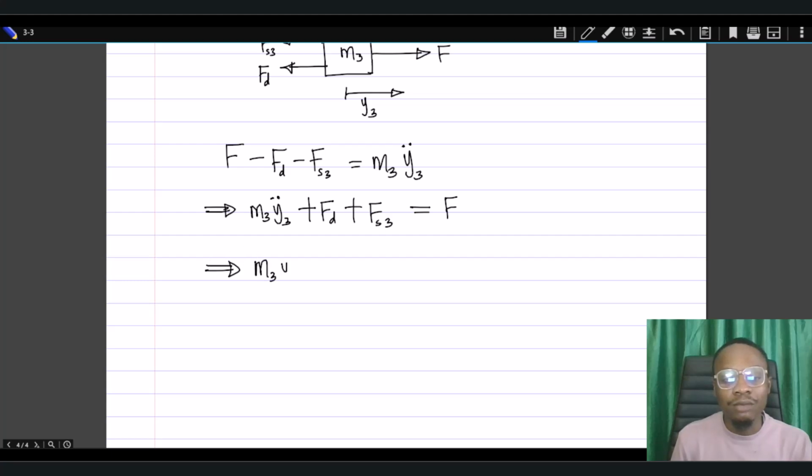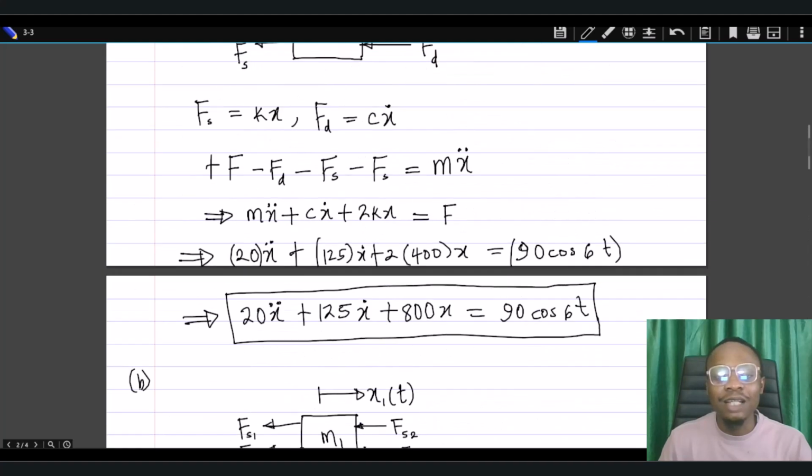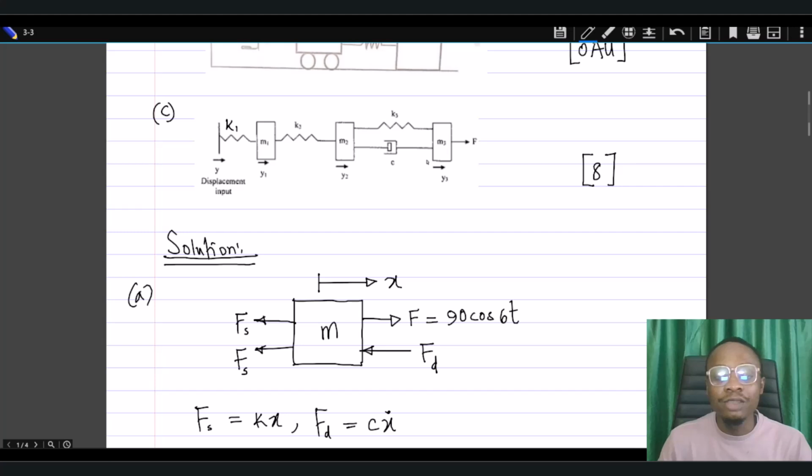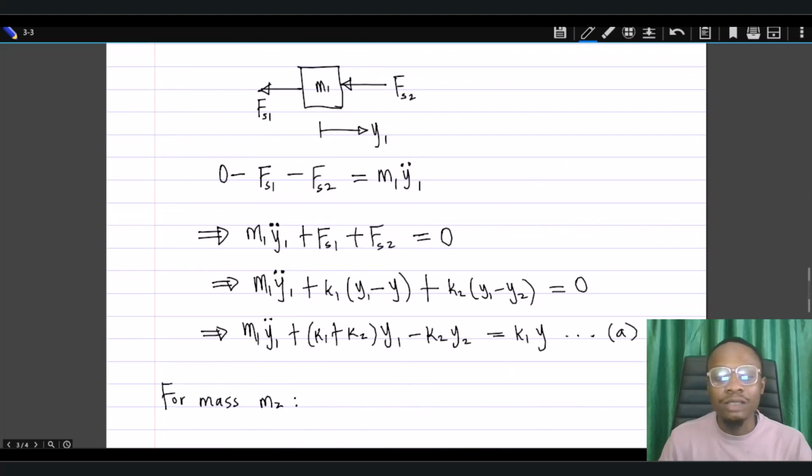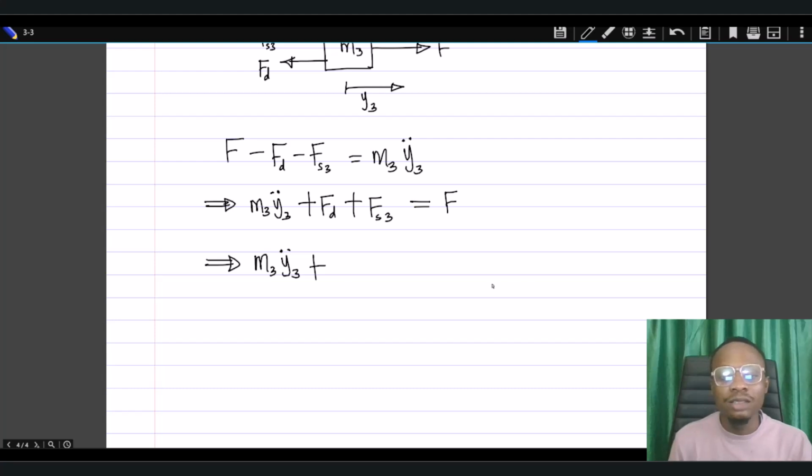So let us write out that result here. This will be m3 y3 double dot, plus Fd, the force due to the dashpot. Again, we are considering the mass m3, so that will be y3 minus y2, no longer y2 minus y3. So that is c into y3 dot minus y2 dot, plus Fs3.